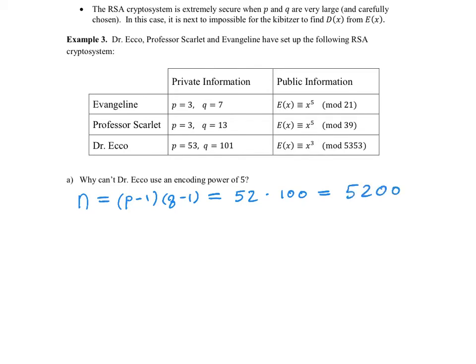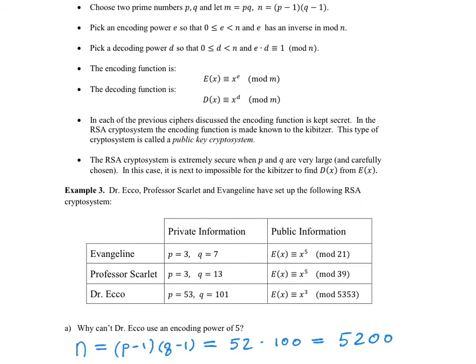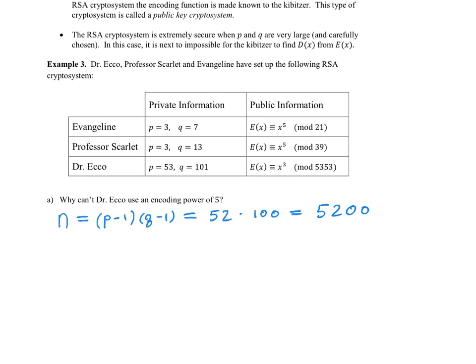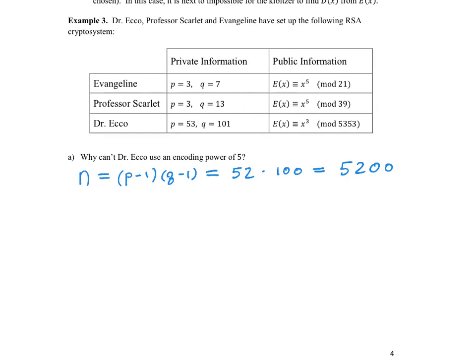Now let's remember from above, if we scroll back up there, when we're picking our encoding and decoding powers, we do need to make sure that we pick E so it has an inverse. Our encoding power has to have an inverse, and the same with the decoding power, it has to have an inverse as well. So looking below, the question asked, why can't we pick 5?